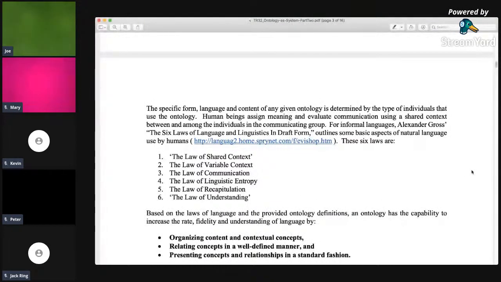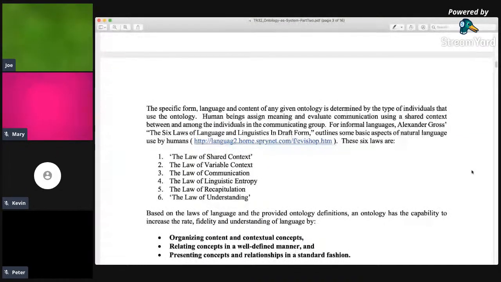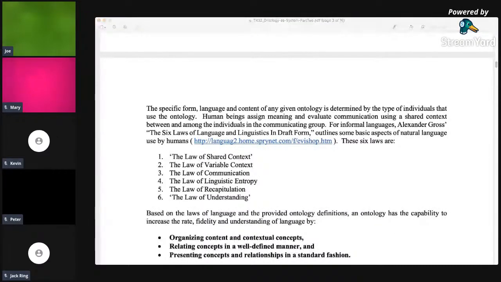And so the first one is the law of shared context, which says all communication takes place in a shared context. And of course, if you have informal type of information, then people understand what that informal information means because they have a high level of shared context.